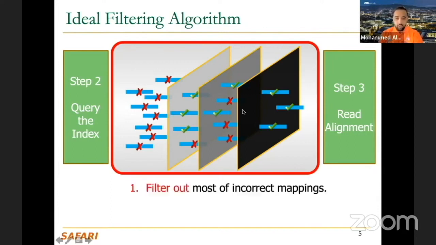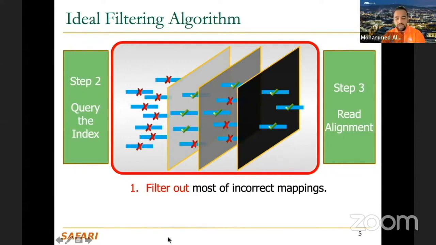And we said whatever filter you develop should satisfy these 3 conditions. First, filter out most of the incorrect mappings. And we said why we say most of them, but not all of them. If you still remember, maybe you can write in the chat the reason for that, or you can enable the mic. People on YouTube can also participate.